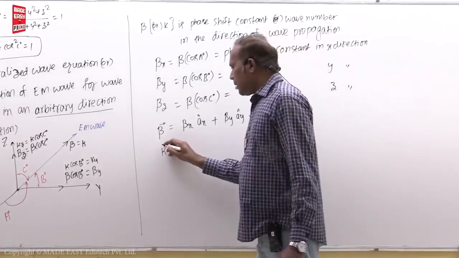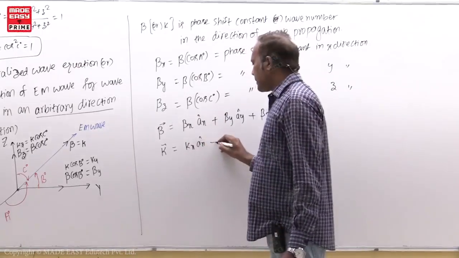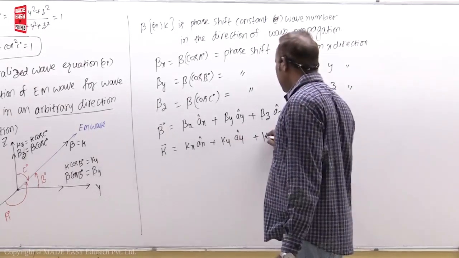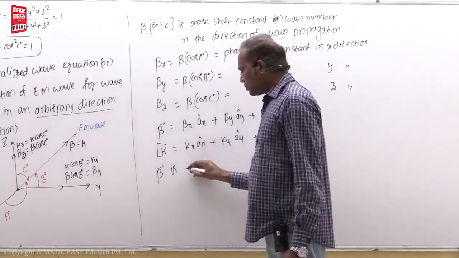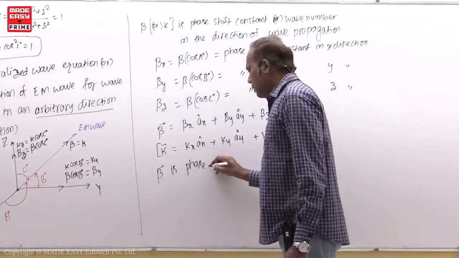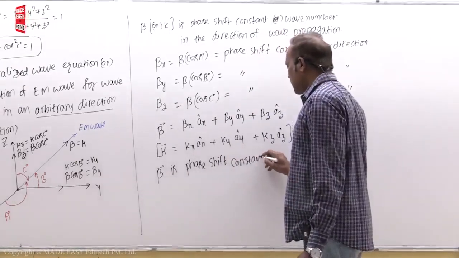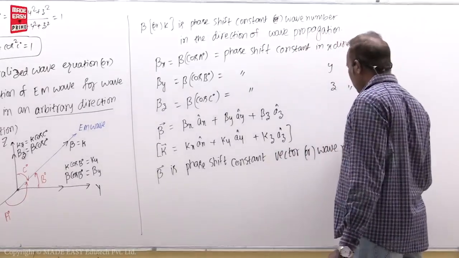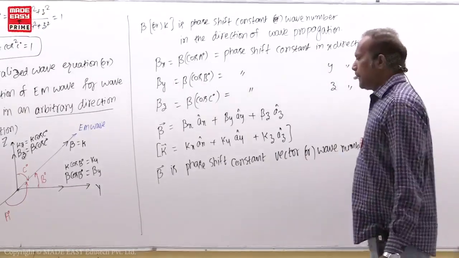Similarly, I am writing parallelly k bar also: kx ax, ky ay, kz az, in the brackets. So here beta bar is the phase shift constant vector, beta means phase shift constant, bar means vector, or otherwise the wave number vector in the wave propagation direction.